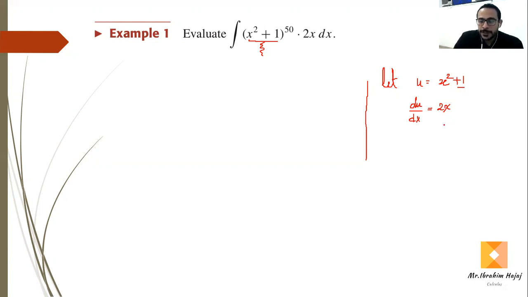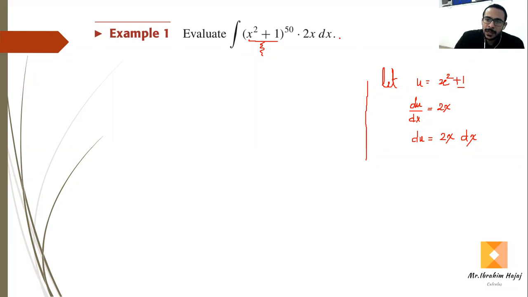And now find du alone on one side. du equals 2x dx. So always I will do it like this. Now find the dx alone on one side.